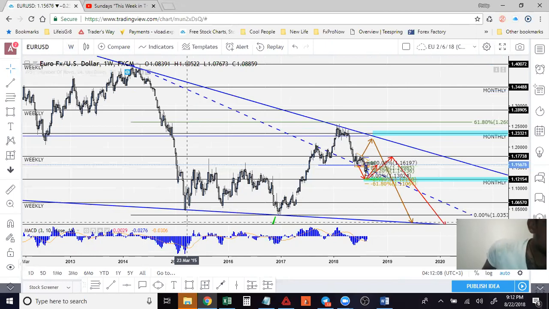So the DXY is the dollar. It's literally the US dollar. So if you think about it, EURUSD. And I'm not really going to go too far into this, but just know that at that point in time, that's when the DXY was all the way at its lowest point. Reference it yourself, but just correlate the fact that the DXY at its highest point brings EURUSD at its lowest point.